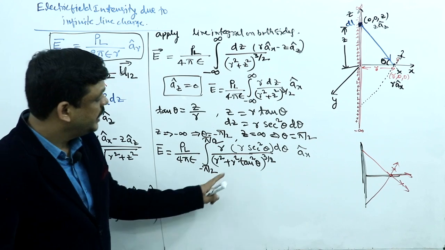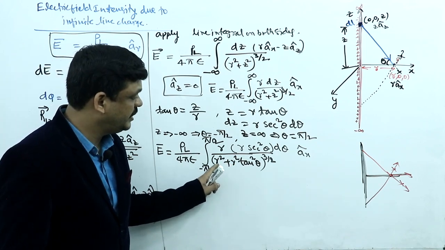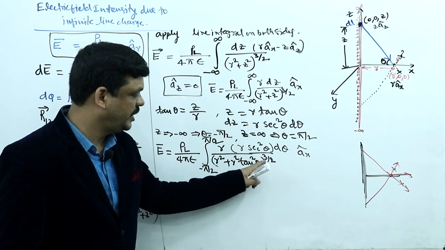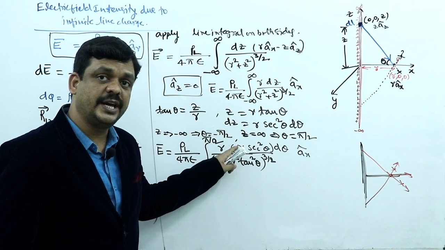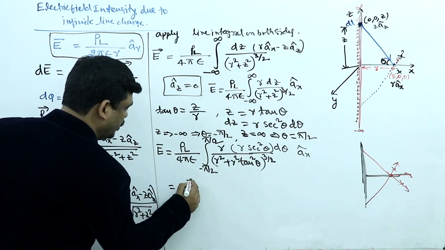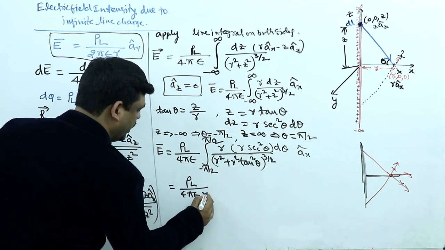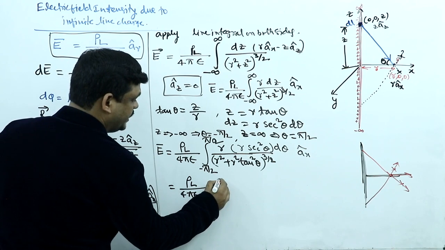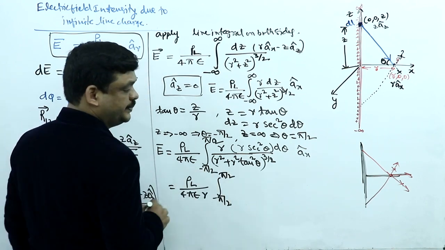Then simplify this. Take r square common. If you take r square common, then r square and the power 3 by 2 gives r cubed, and in the numerator r square is there, so r square by r cubed becomes 1 by r. So rho L by 4 pi epsilon r I am writing outside, and the remaining part is the integral from minus pi by 2 to plus pi by 2.